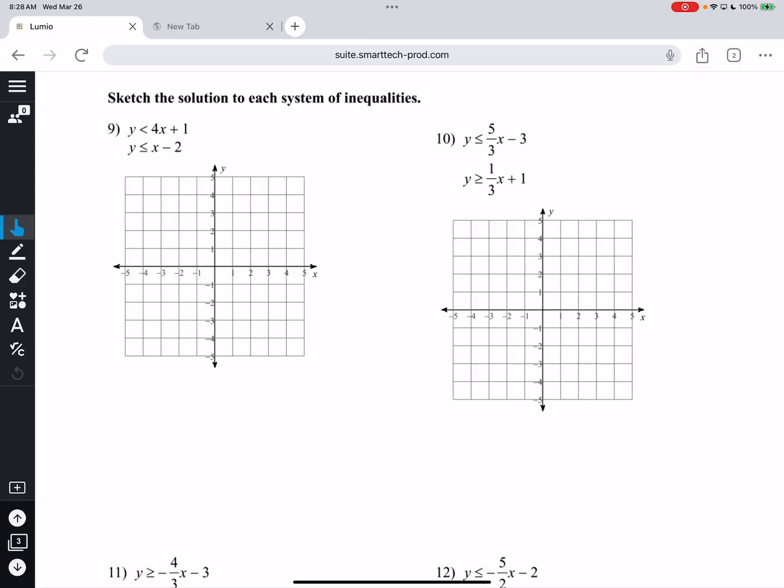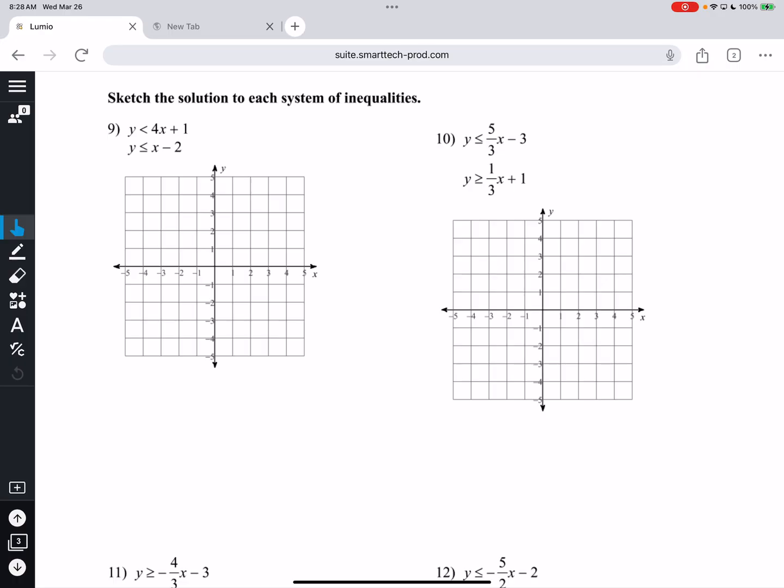Dotted versus solid, all the things that were said. Then you go to the second equation and do the same thing. Y equals mx plus b, solid or dotted. Set it up, draw it, and shade it according to its inequality.